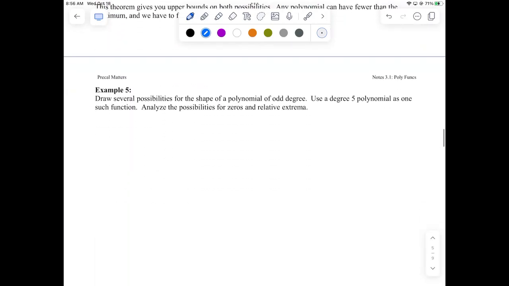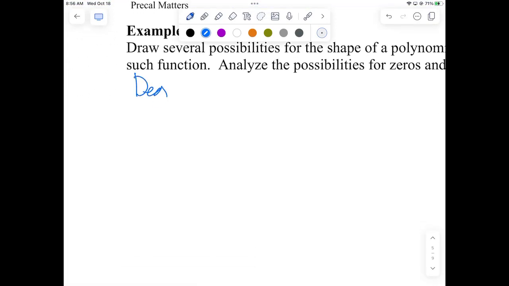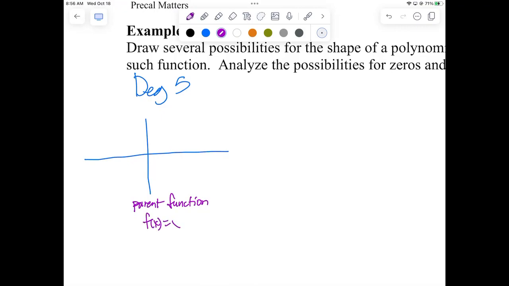All right, let's just look at some possibilities here. Draw several possibilities for the shape of a polynomial of odd degree. Use the fifth degree polynomial as an example. Analyze for zeros and local extrema. So we're going to look at degree 5. The parent function for degree 5 is f of x equals x to the fifth.